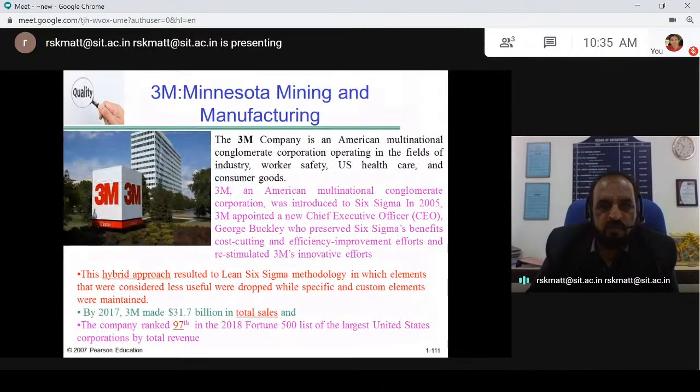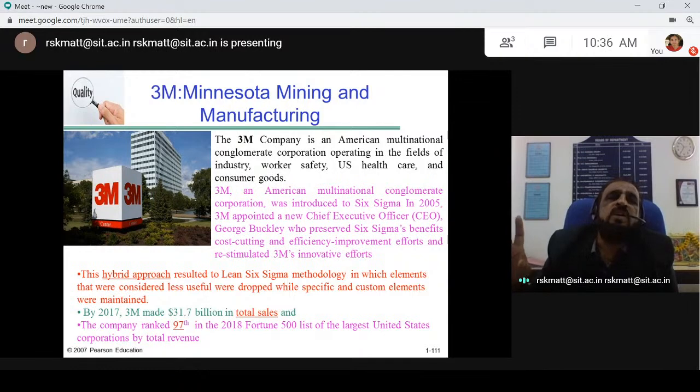And also the 3M company, which stands for Minnesota Mining and Manufacturing. It is a US-based American multinational corporation. They adopted the Six Sigma philosophy and also the lean philosophies, and they made $31.7 billion in total sales. This company is ranked 97th in the 2018 Fortune 500 companies.